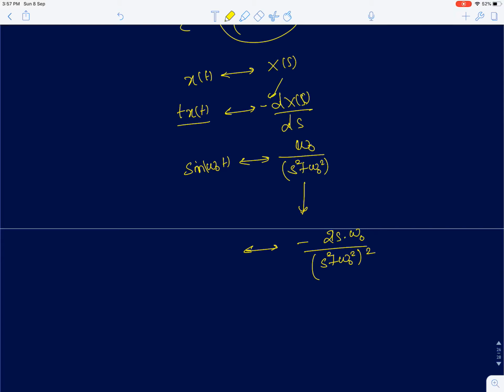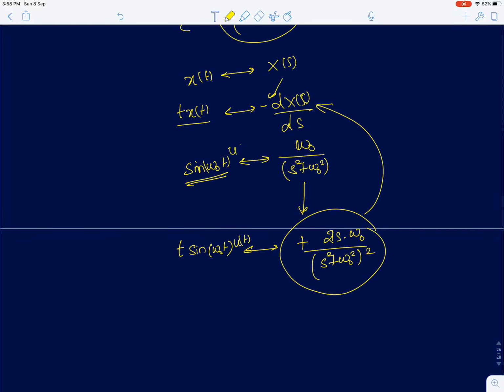Taking the minus of dX of s by ds, that becomes plus. So the Laplace transform of t into sin omega naught t into u of t is this function. There is a u of t here as well.